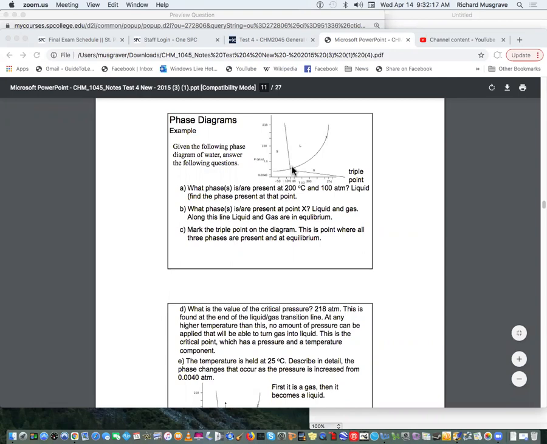The reason for this is the density of the solid relative to the liquid. One thing we know about ice is that when we stick it into water, it floats. The reason for that is that the solid is less dense than the liquid. This is not actually a very common situation.